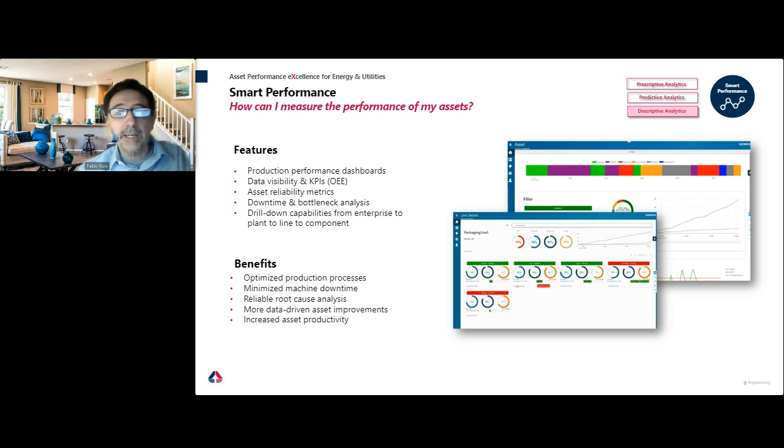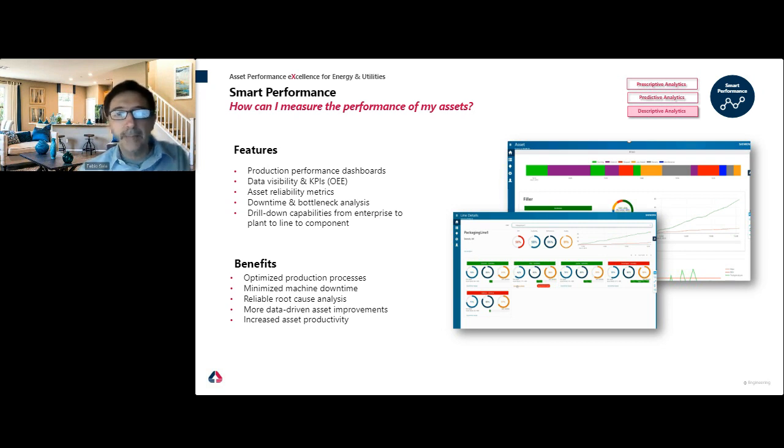How can I start measuring the performance of my asset in terms of availability, utilization, OEE, understanding when an asset is down, what the reason is, and so on. Only by measuring, we have a certain level of optimization of the production process.